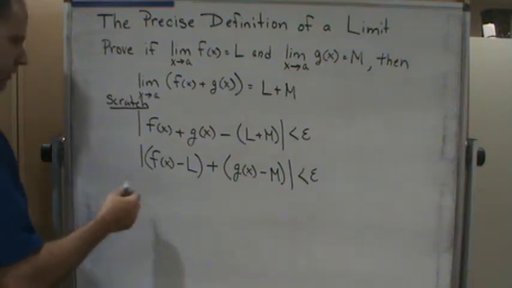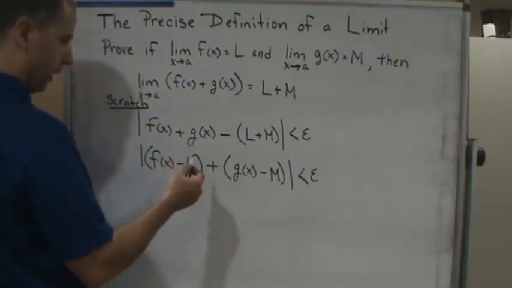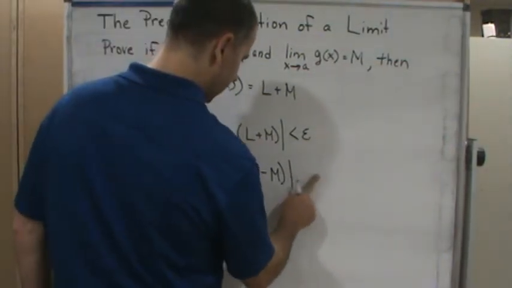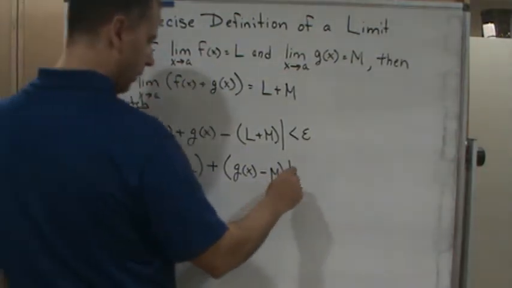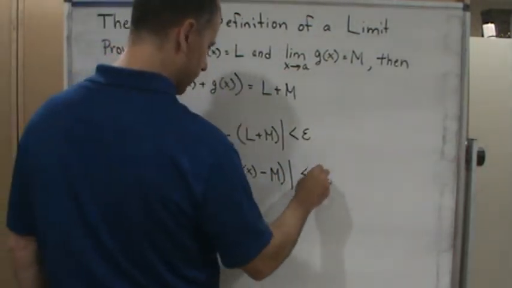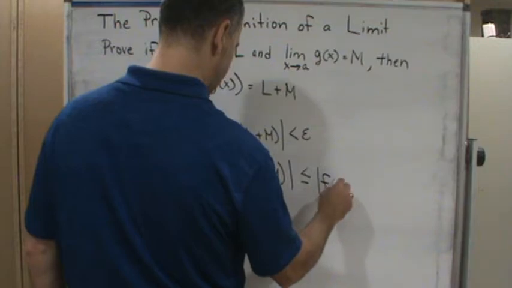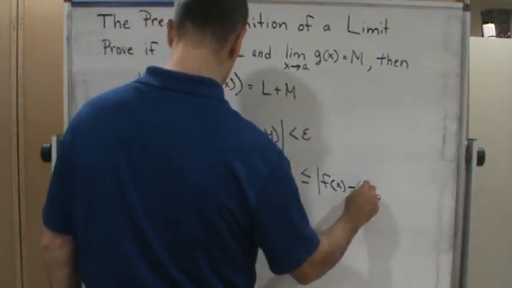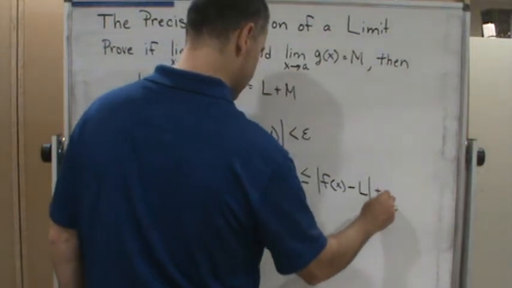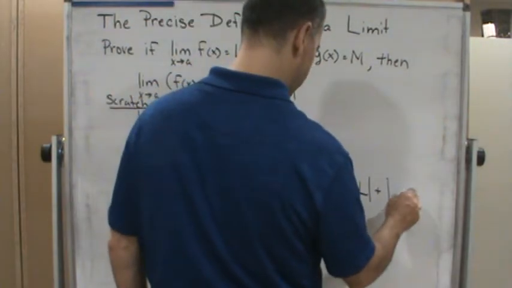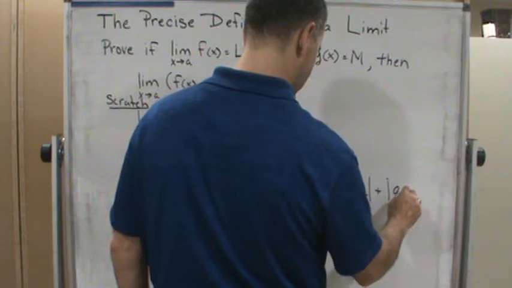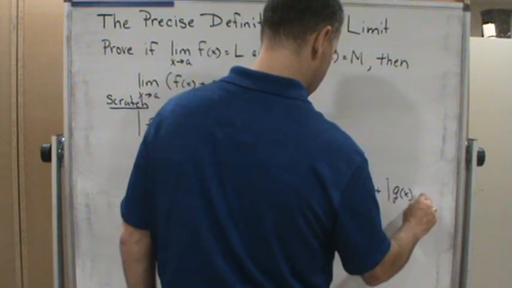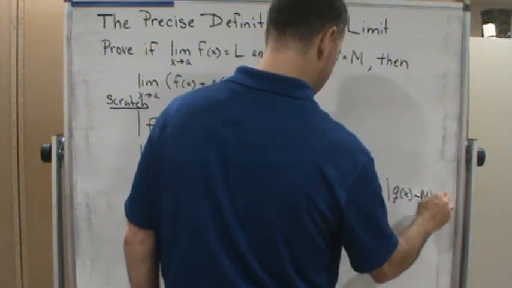But notice here, I'm going to write something here, because I'm going to say this, we know from the triangle inequality, is less than or equal to the absolute value of f of x minus L plus the absolute value of g of x minus m, right?